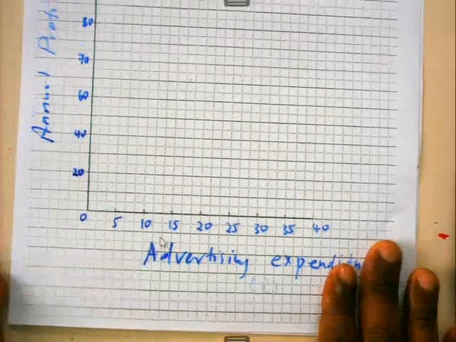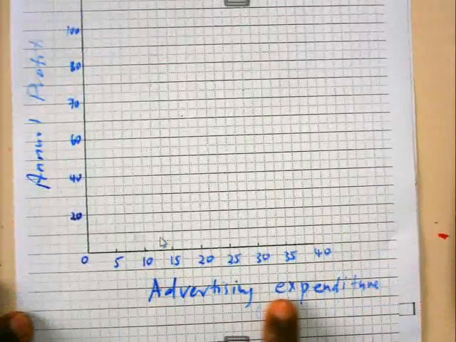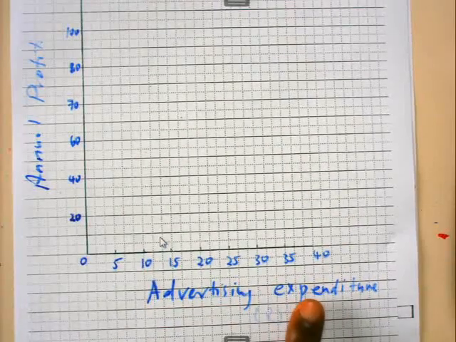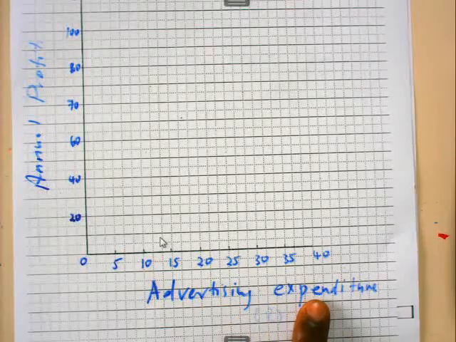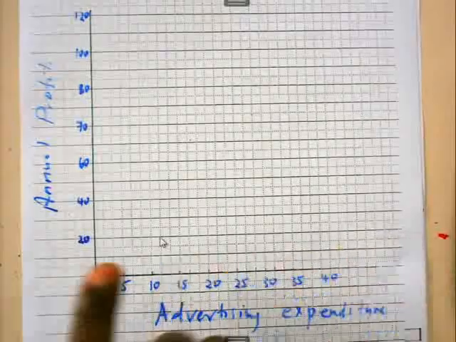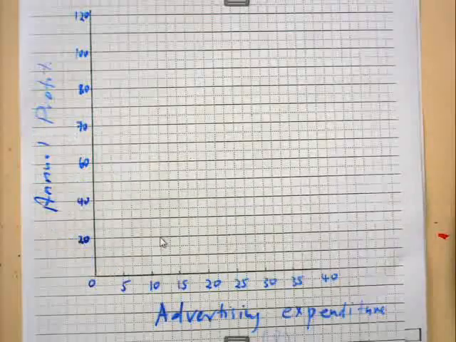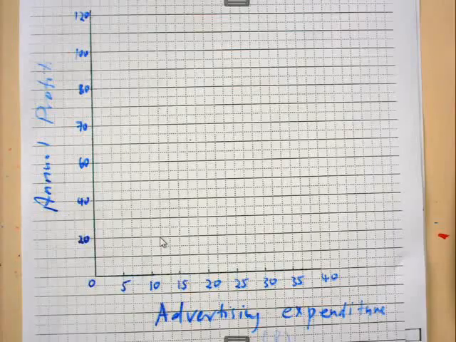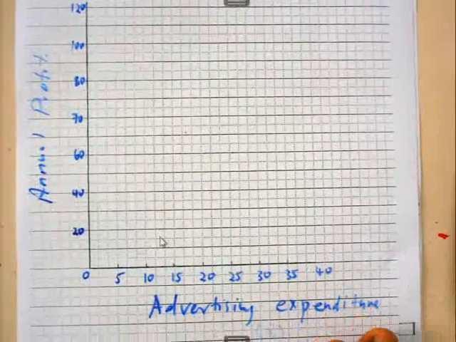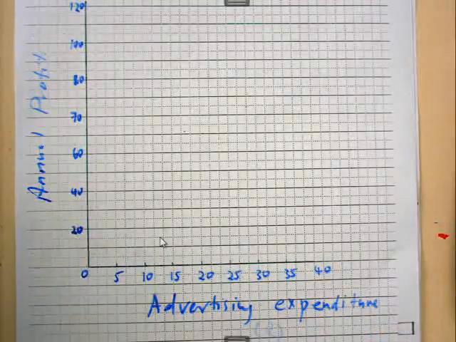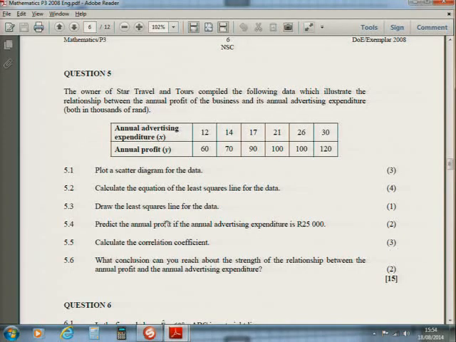Let's check now. You see it's written that this one is annual advertising expenditure, and this one is annual profit, the profit that you get from the expenditure that you have made. Good. This information, we simply take it from the question itself. Can you all see the question? Annual advertising expenditure, what you spend to advertise. I spent 12 rand.